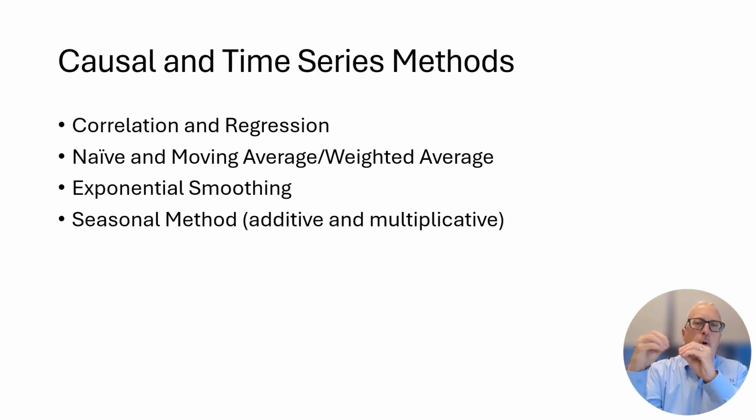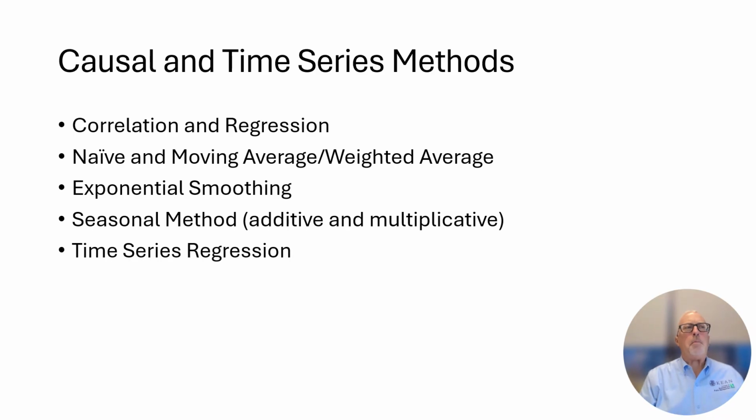That's additive. Multiplicative says to calculate that difference as a percentage each month and use that percentage to calculate your seasonality. And by knowing those additive factors or those multiplicative factors, it basically will replicate that pattern every single month into the future. So really good, reliable method, extremely easy to calculate once you get a look at the formula.